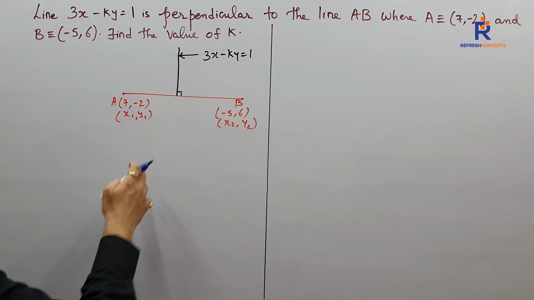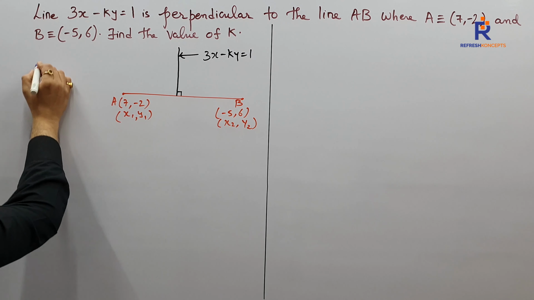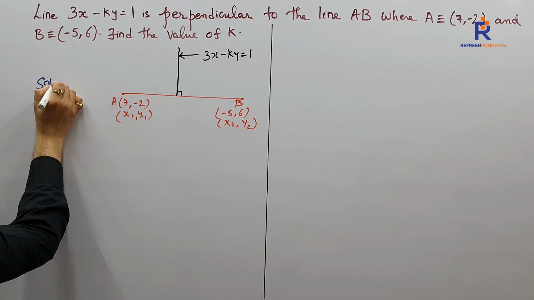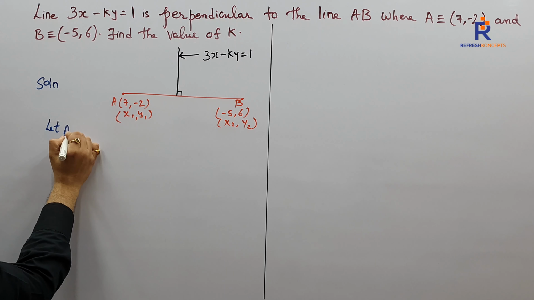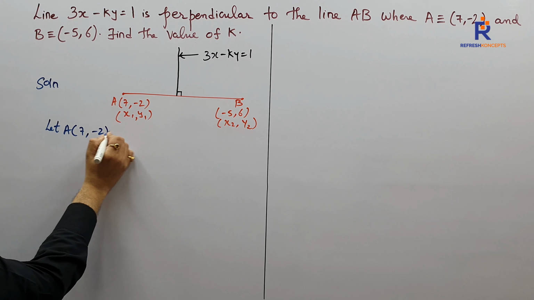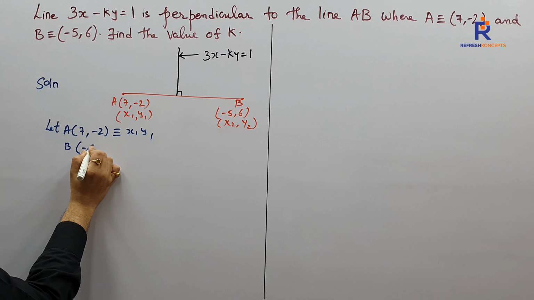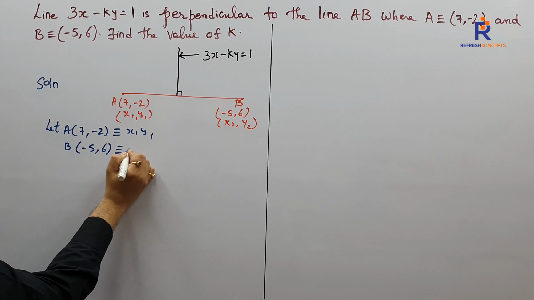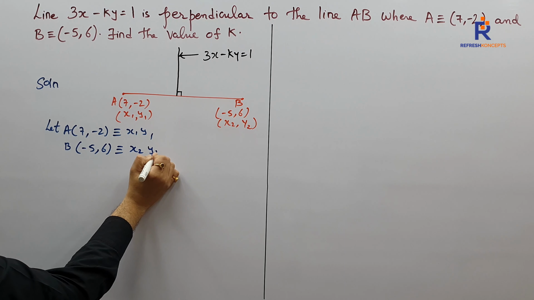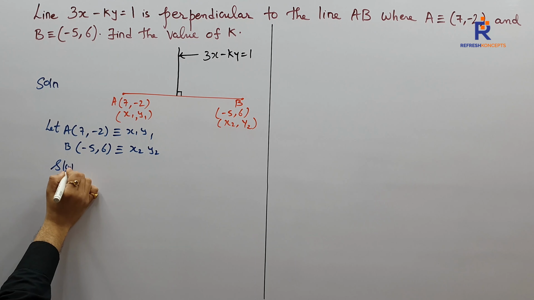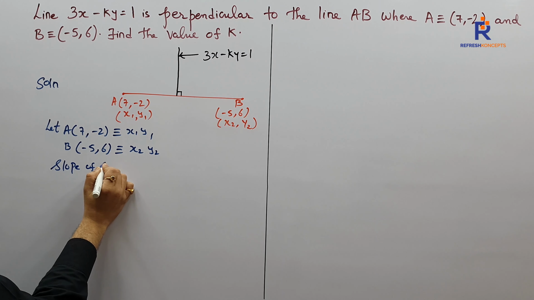Get the slope of AB first. So our solution starts now. We say let A (7, -2) be x1, y1, and B (-5, 6) be x2, y2. What is the slope of AB?